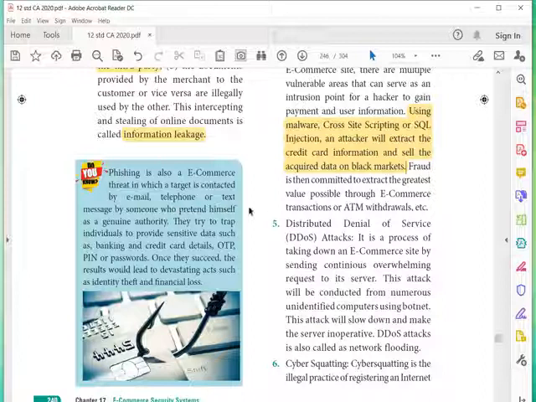Distributed denial of service, that is DDoS. We have discussed this topic earlier. It is a process of taking down an e-commerce site by sending continuous overwhelming requests to its server.